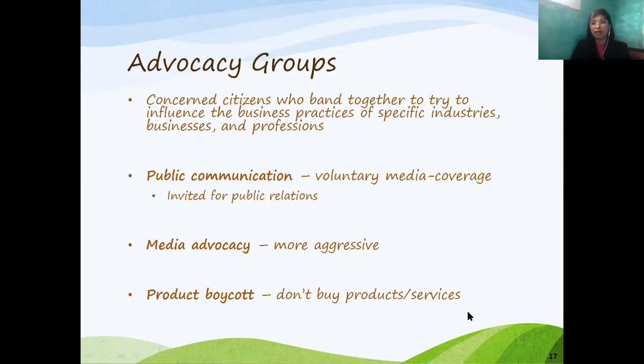This also affects the business environment or the organization, because when this advocacy group moves with bad intentions toward your company, they have these activities in order to disband your organization or make your business bankrupt. They might do this.